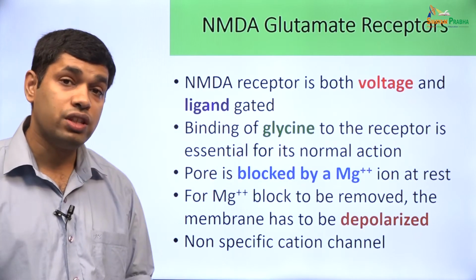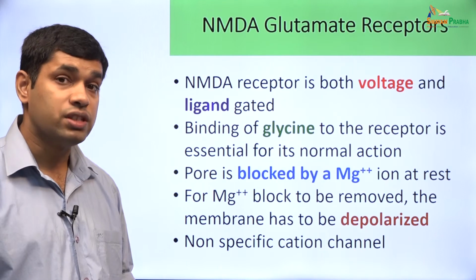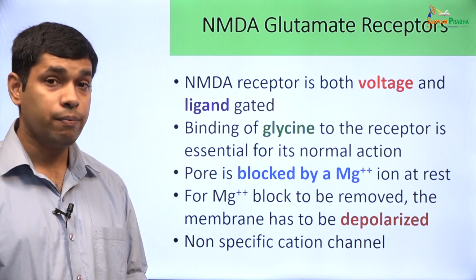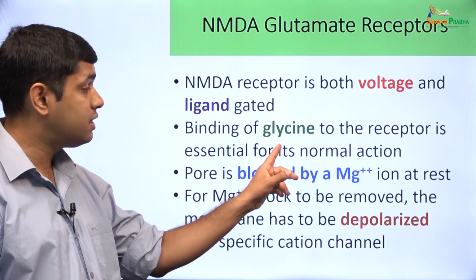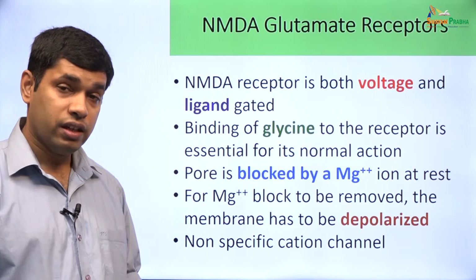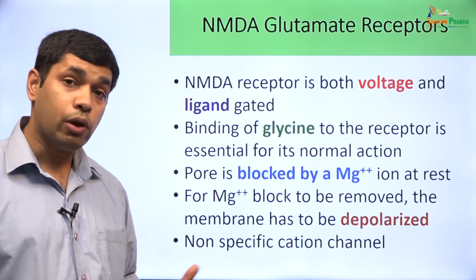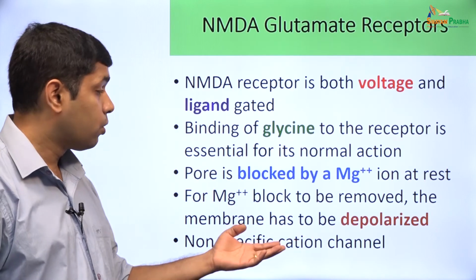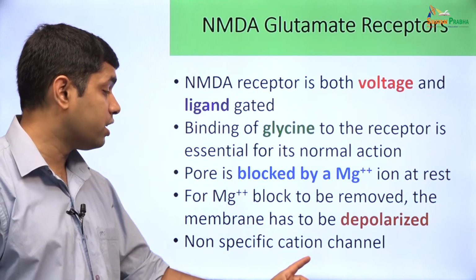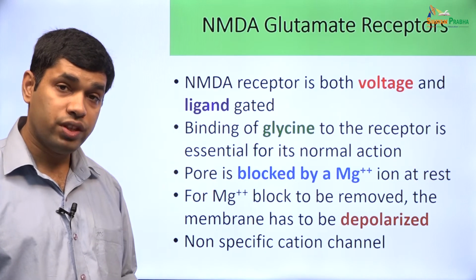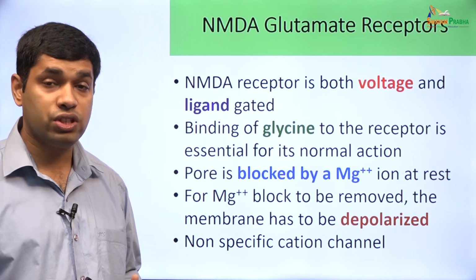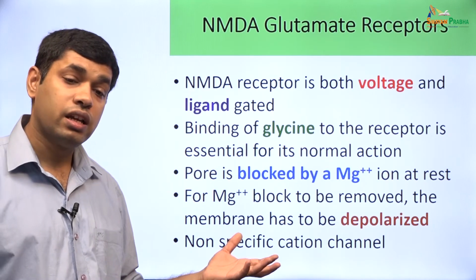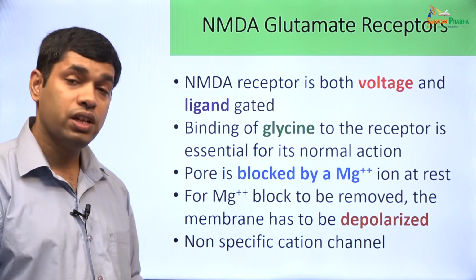Now the interesting thing about the NMDA glutamate receptors is that they are both voltage gated as well as ligand gated, and they also require glycine binding for normal action. Interestingly, this channel is blocked by magnesium, and for this magnesium to be displaced, we need to have an initial depolarization of the membrane. So this is the NMDA glutamate receptor, where glutamate is an excitatory neurotransmitter. We are talking about this as an example of a non-specific cation channel.